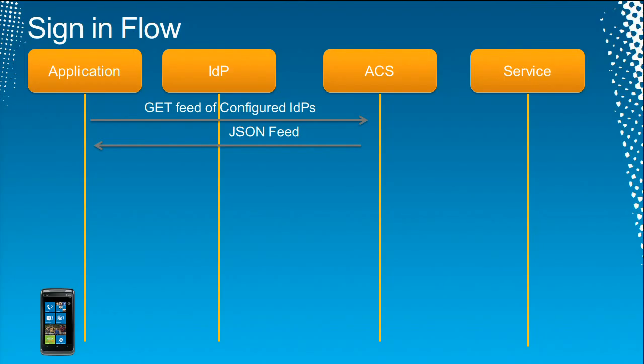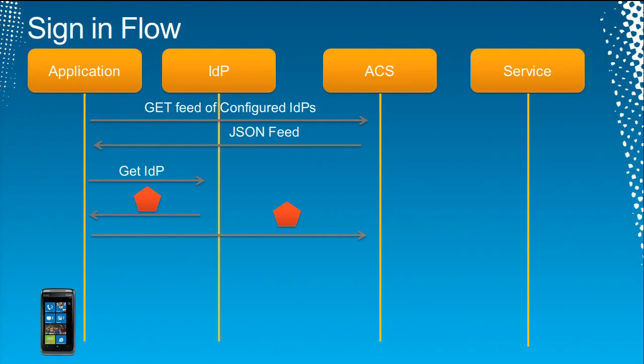And this is nice because then, after you've deployed your application, you can go back to ACS and add or remove different identity providers, and it's just going to show up automatically inside the application when it starts up. So then once the user clicks on that link, it makes a request to the STS, gets a token back, and then that token is negotiated, posted back through the web browser, and sent to ACS.